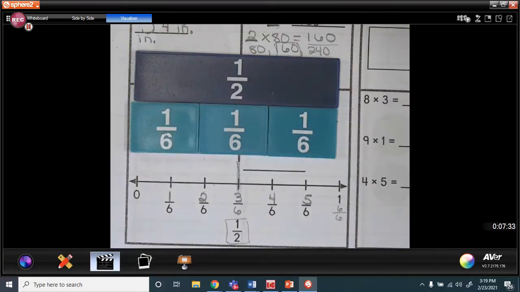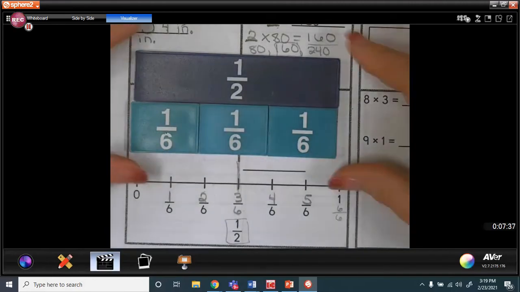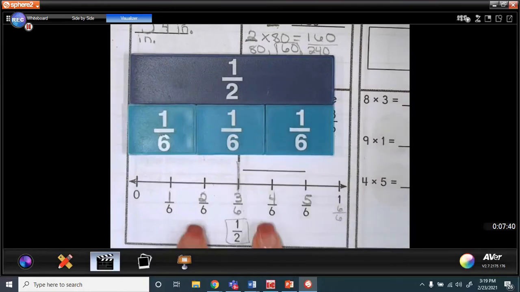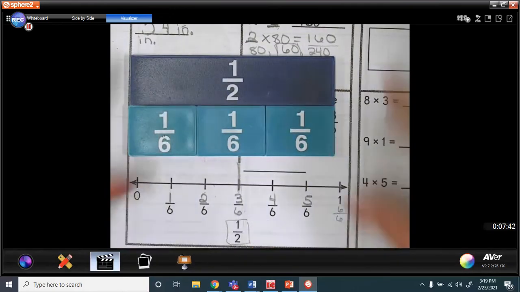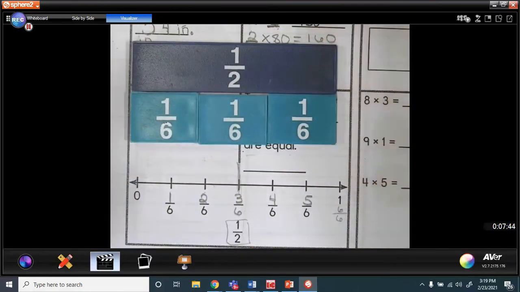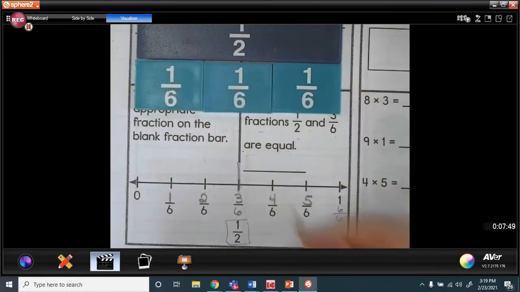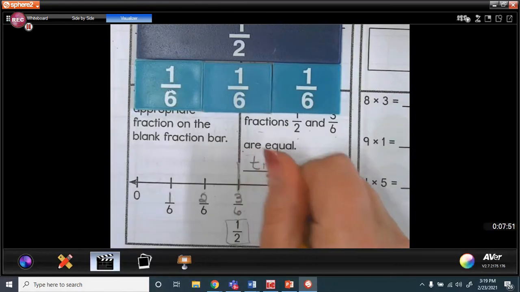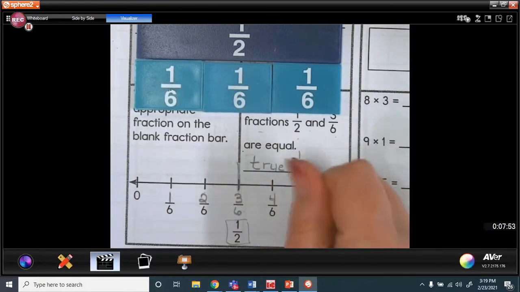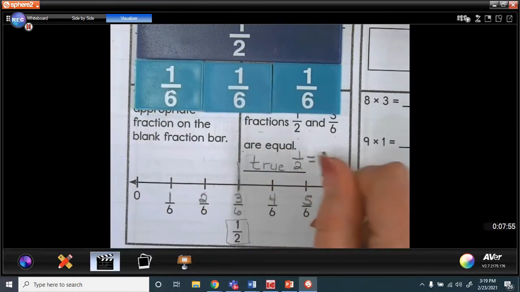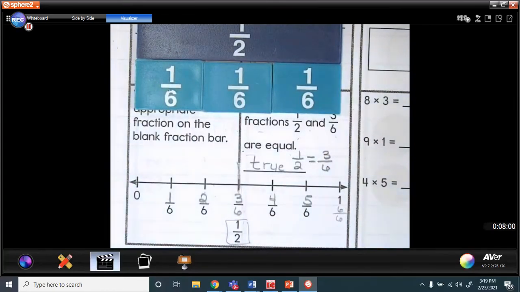So using what you know, you can also use the fraction strips to compare on a number line, using your fraction tiles, or they call them fraction strips. So using what we know about that, this is going to be true, that they are equal to each other. And we're going to start looking into this idea a little more as we start to compare fractions more and more in our future lessons.